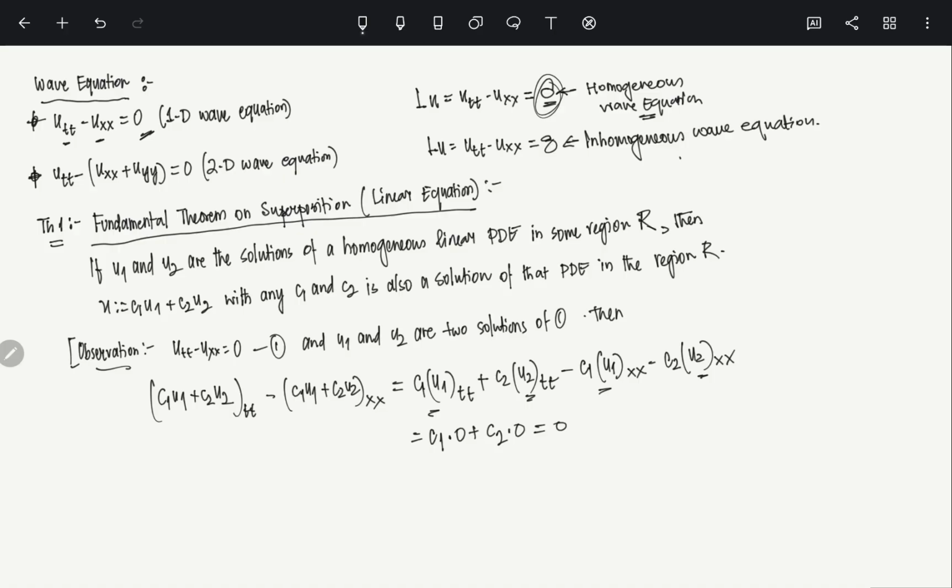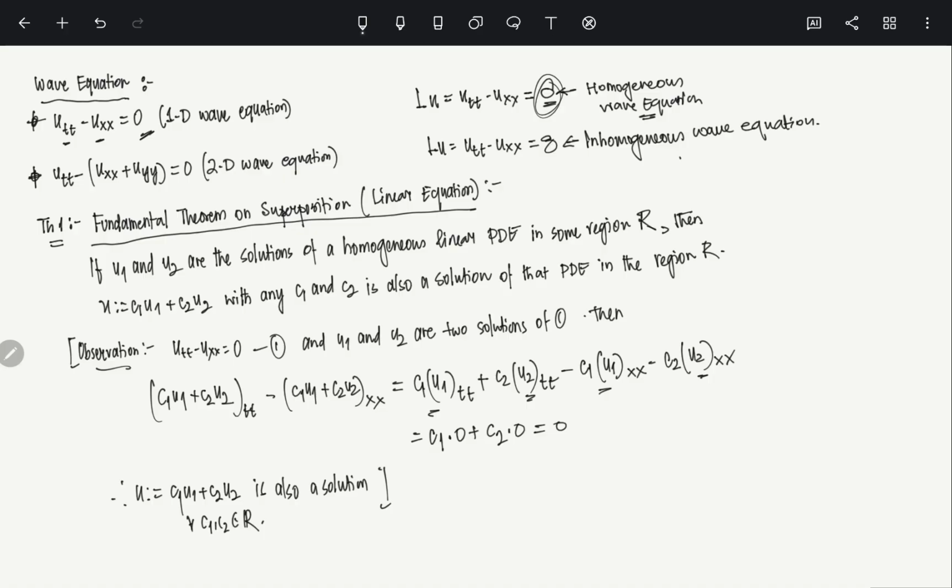So u, defined as the linear combination c1 u1 plus c2 u2, is also a solution for any c1, c2 in R. This is called the principle of superposition. This is just a name.